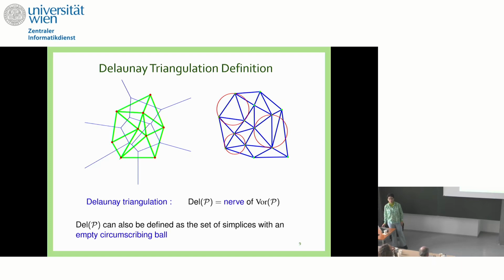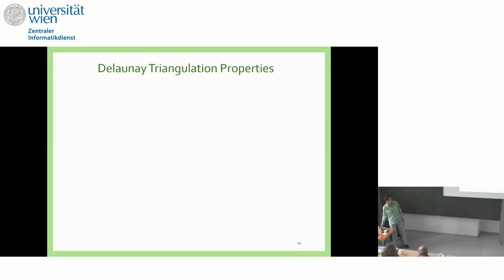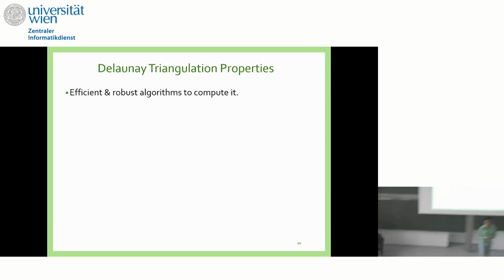That was just between parentheses, and it's unfortunate that Stefan's talk on reconstruction was canceled yesterday, because these are the definitions that I hoped to have from Stefan in advance. So I will close the parentheses here, and I will start with some nice properties of Delaunay triangulations. The very first one is that these triangulations have been studied for years and years, mainly in the computational geometry community.